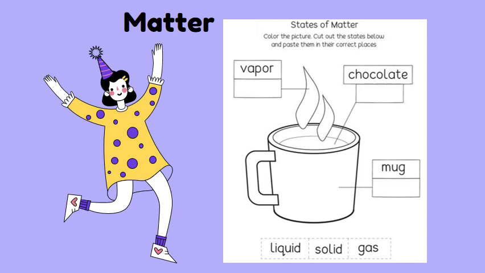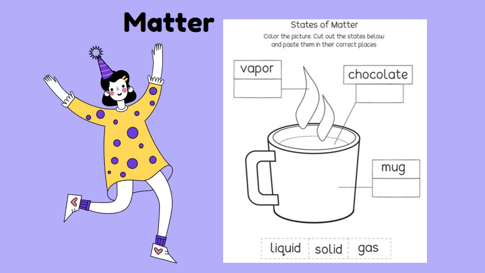Matter is everywhere. Now, what do we have to do? We have to cut out the states below and paste them in their correct places, or you can just write them, okay? We can see a mug of hot chocolate, okay? We can see the vapor coming out of the hot chocolate.